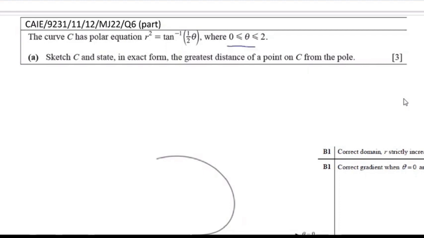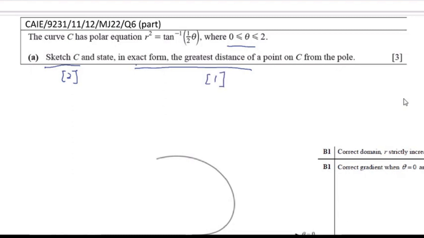Here theta is going from 0 to 2. In the very first part of the question, they already asked us to sketch it and also state the greatest distance. So we need to expect that the sketching has 2 marks, and stating has 1 mark.